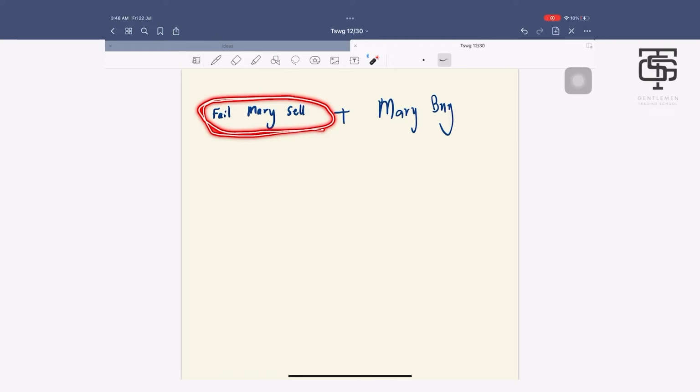I will draw it with you guys so that you are clearer on what it is. We need to start off with marking a marry sell. So we have a blue candle over here. Next, we are looking for, okay, wait, I'm going to move it.